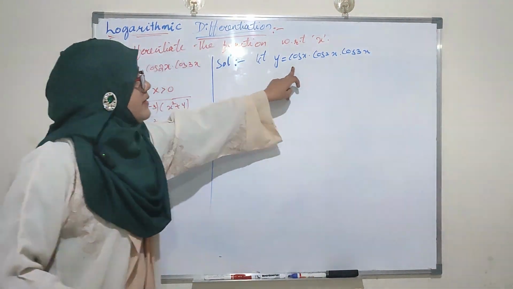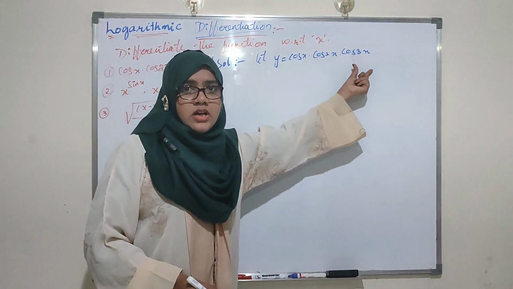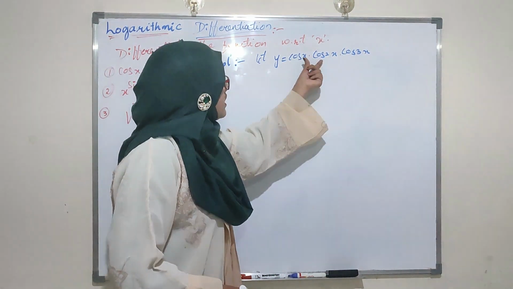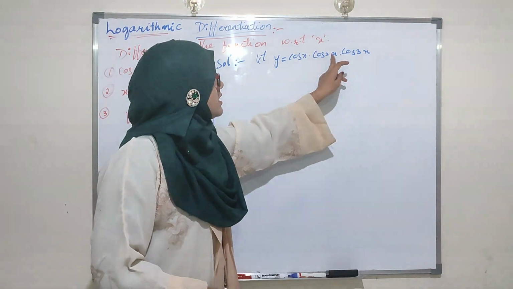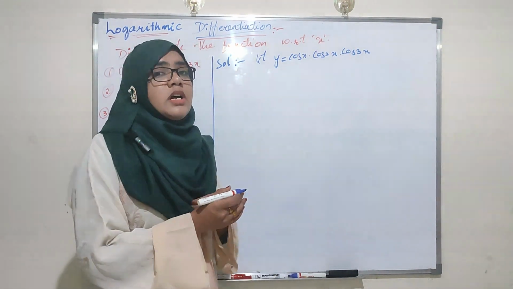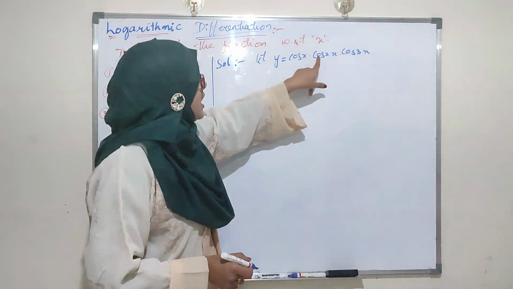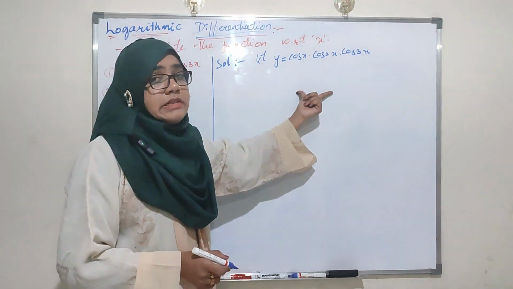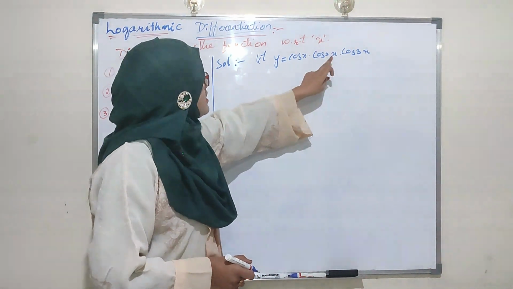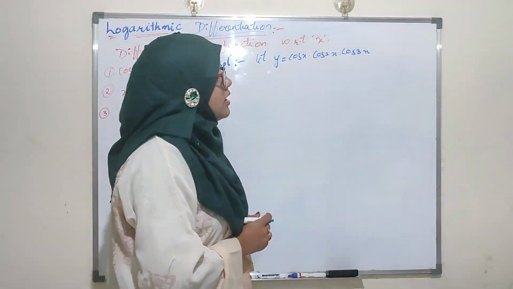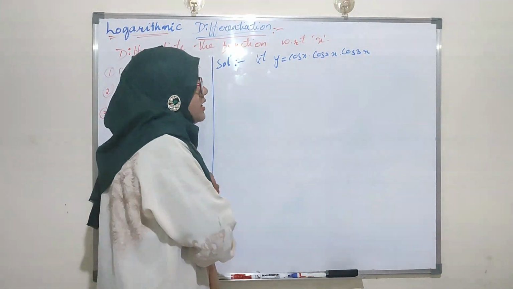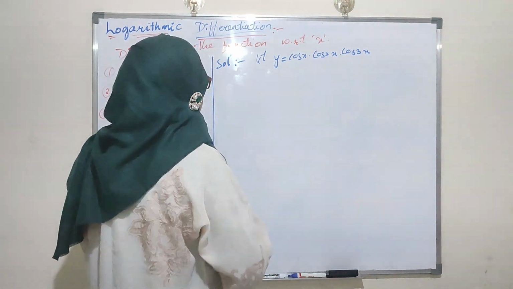Here we have three cos terms in multiplication. If it were given in addition or subtraction form, you could easily differentiate it, but it is in the form of multiplication. So these three are multiplied to each other. For this, how do we find the differentiation?